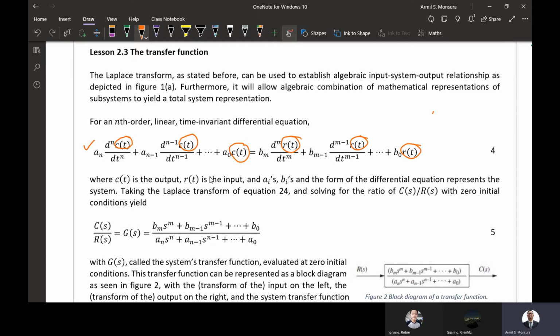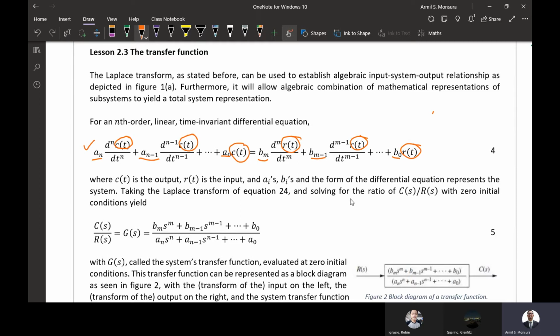Okay? Tapos yung itong mga coefficients na to, these coefficients actually describe your system. Kumbaga, depende sa behavior, depende sa internal characteristics ng system niyo yung mga coefficients na yan.